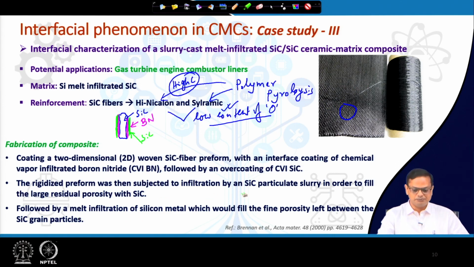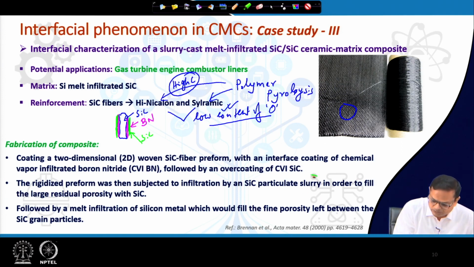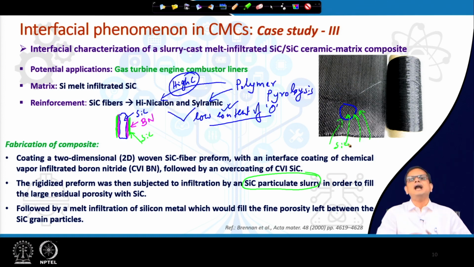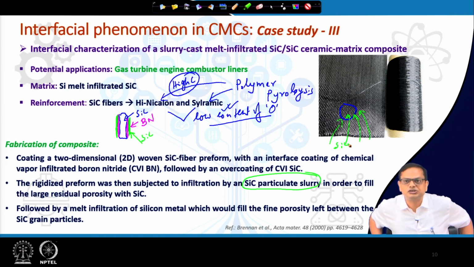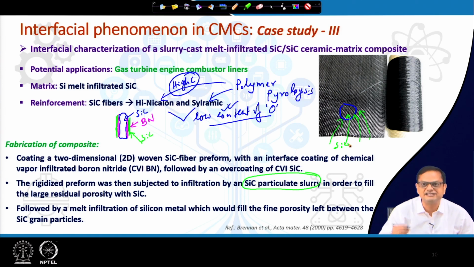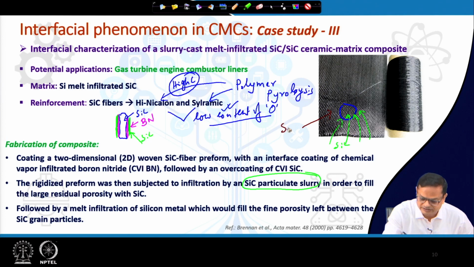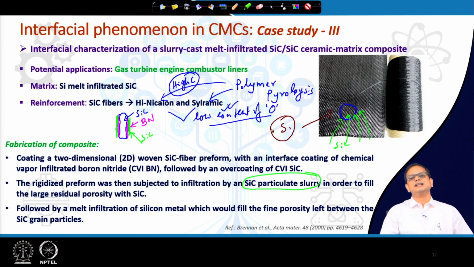You can see here, this SiC particulate slurry has been made, and the slurry goes into the large pores. Whatever small or micro porosities remain get infiltrated by another phase, which is molten silicon.